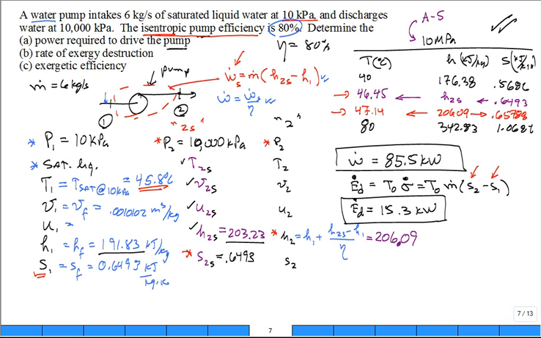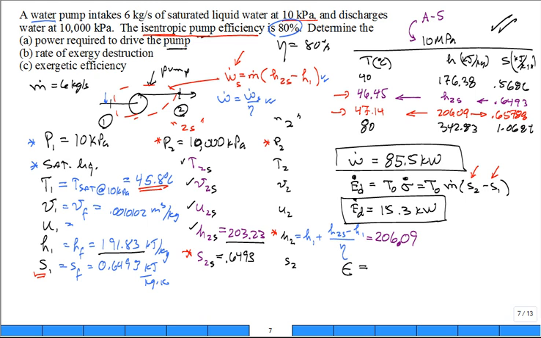All right? Okay. The last one, what's the exergetic efficiency? Well, the exergetic efficiency is what we desire. We want that power that's supplied. We're supplying 85.5 kilowatts of power. We want that to go into boosting the flow exergy of the water. True?